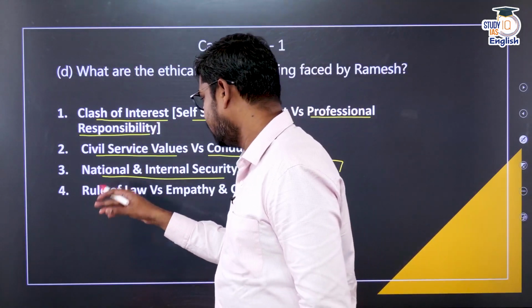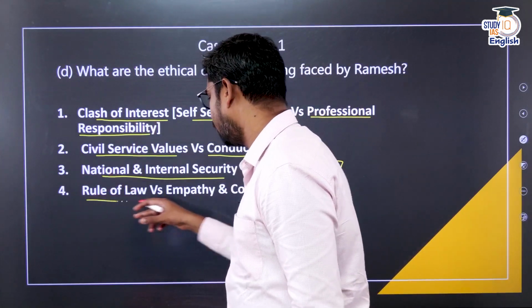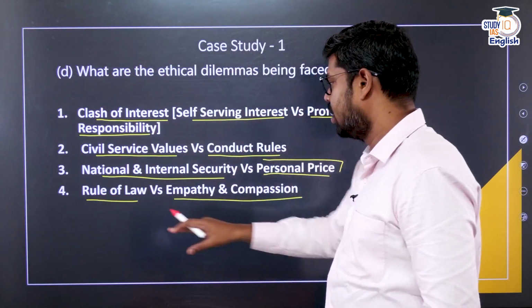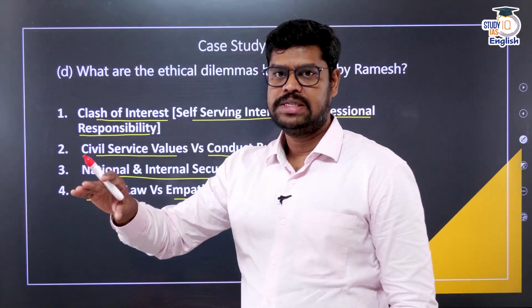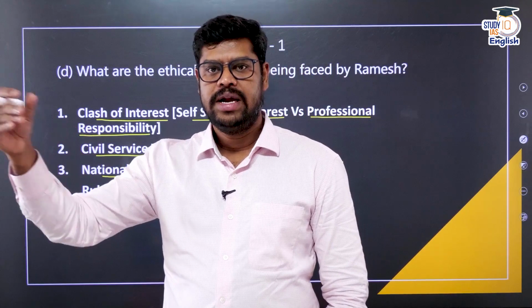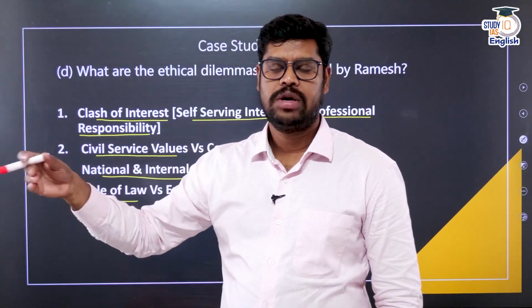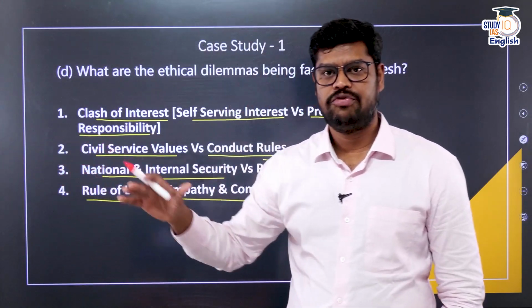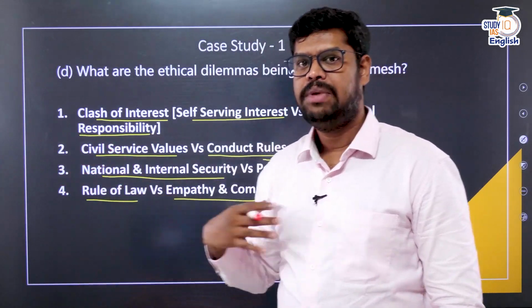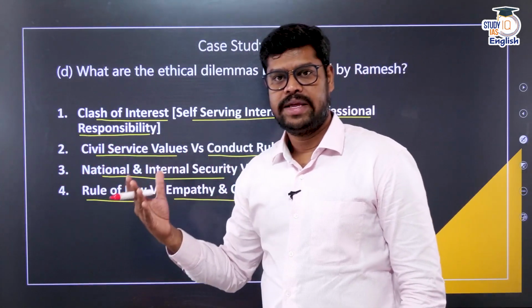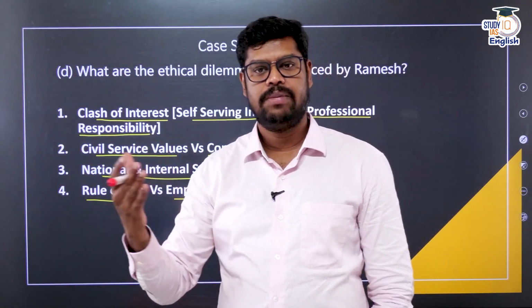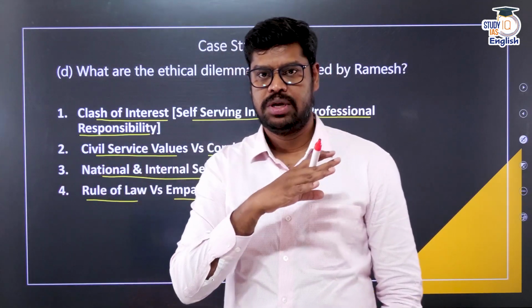And then finally, there is one more thing, rule of law versus empathy and compassion. What is the rule of law saying? The rule of law is saying that illegal migration is not allowed. Illegal migration is a violation of the Indian Passport Act. They should not illegally enter into India. It is a violation of the Foreigners Act. But at the same time, what if, on his report, he finds out that the illegal migrants are entering because of persecution?